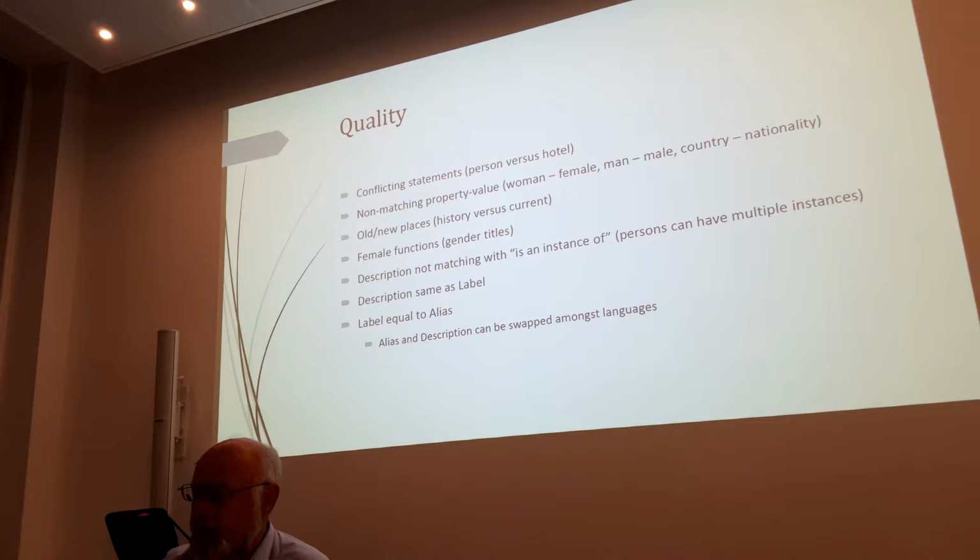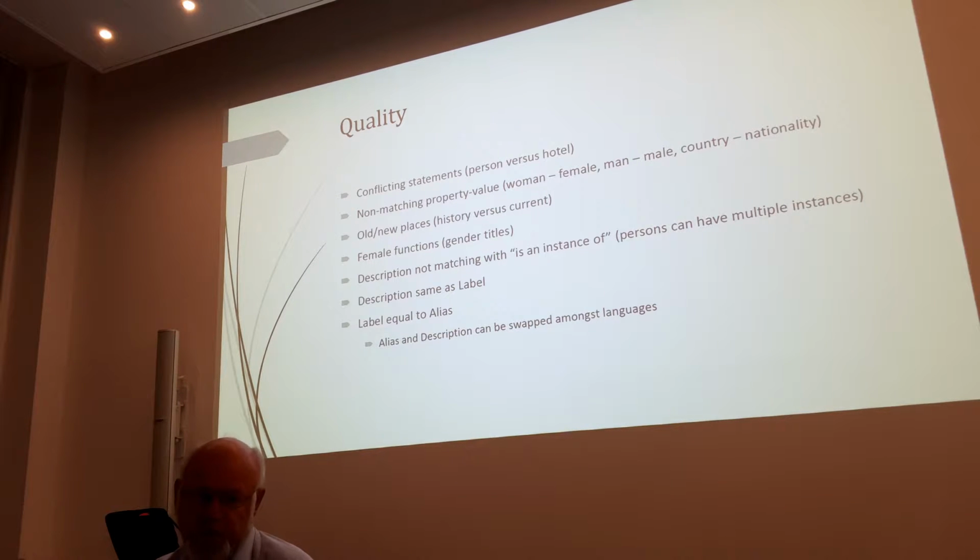I take the second point. For a person, male or female, you can document the gender, but I have seen frequently that somebody takes woman as the value or the object for a gender, but this is wrong.